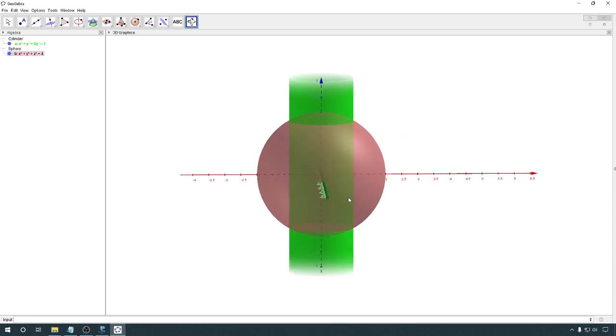So if we think about it, let's maybe pick a point on the intersection here. So remember the cylinder has a radius of 1. If we pick 1, 0, that is a point that is on the equation x squared plus y squared equals 1. That would be a point on the cylinder for any value of z.